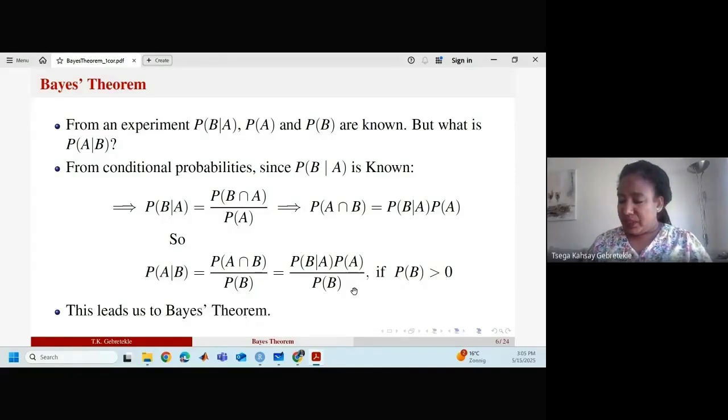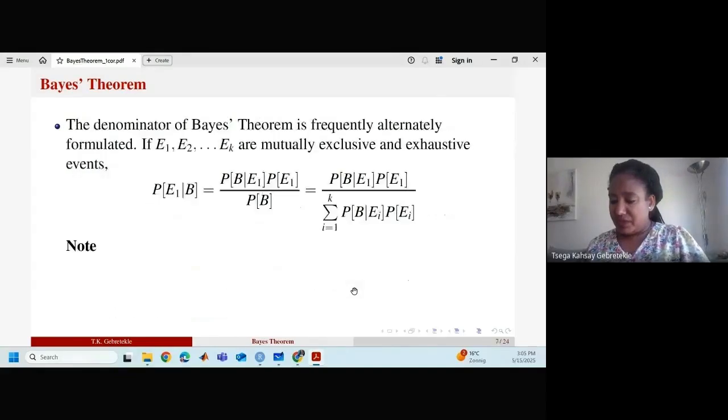And so, if we have events E1, E2 up to EK, which are mutually exclusive and exhaustive events, and these events are the partitions of the event B, then what will be the probability of E1 given B?